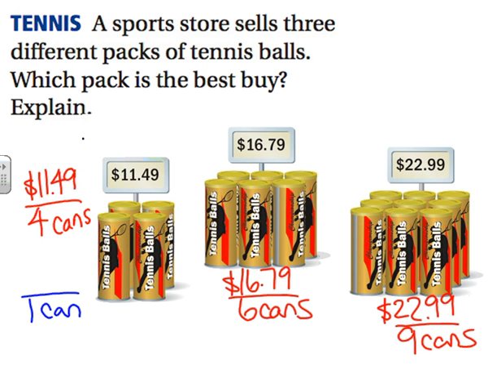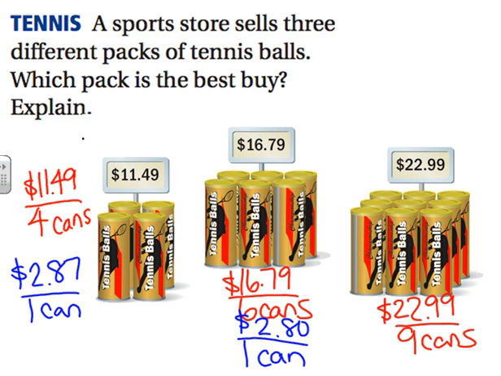So I'm going to do $11.49 divided by 4, and that's going to give me approximately $2.87 per can. I had to round that to 2 digits. Okay, the next set, I'm going to do 16.79 divided by 6, and that gives me a cost of $2.80.